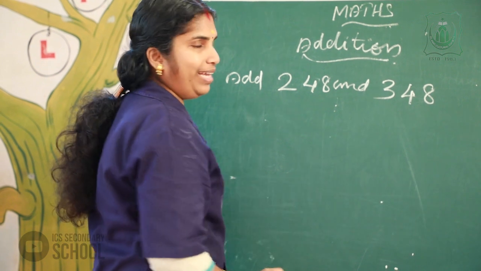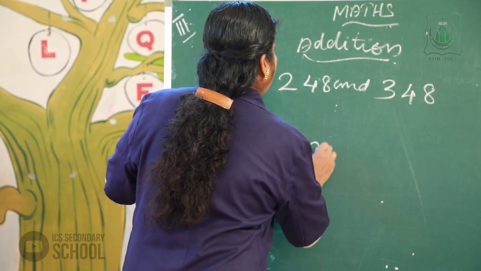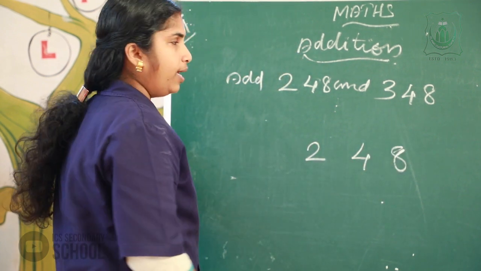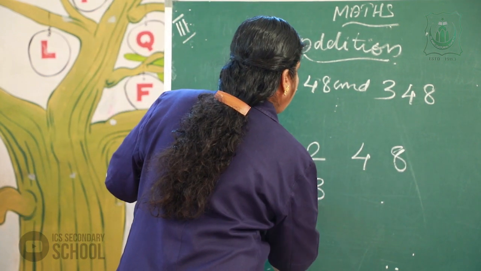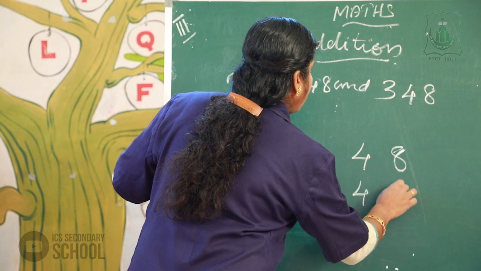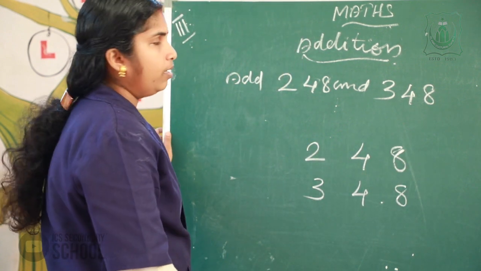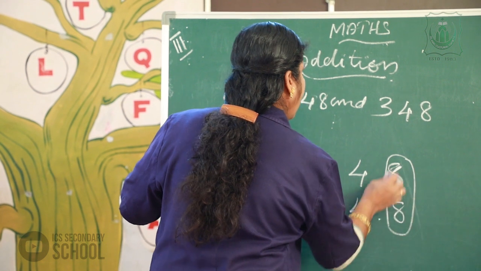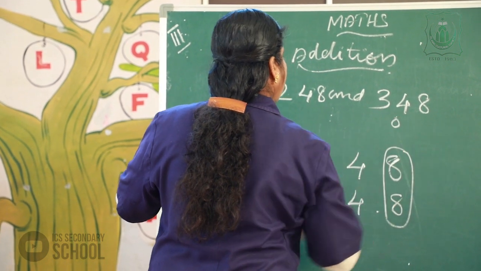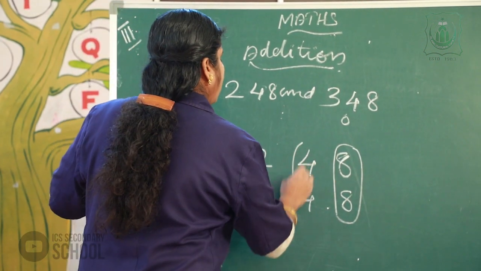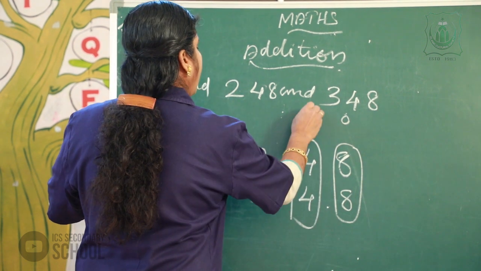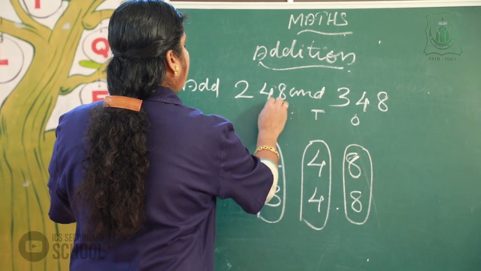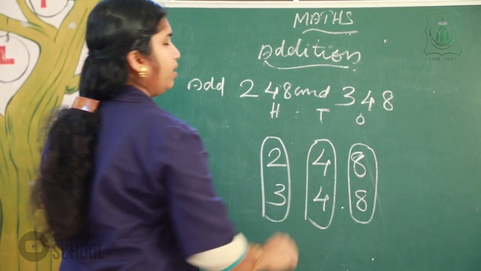First of all we write 2048, again we write 3048, and arrange the columns: ones place column, tens place column, hundreds place column.